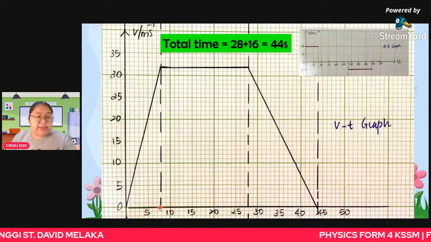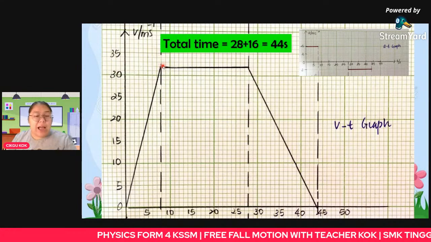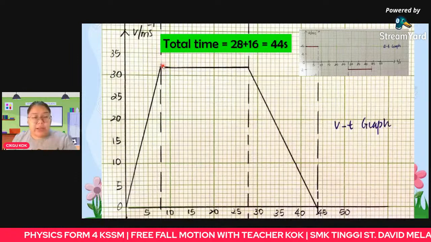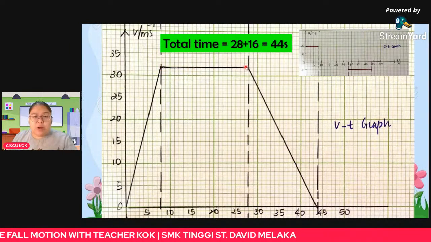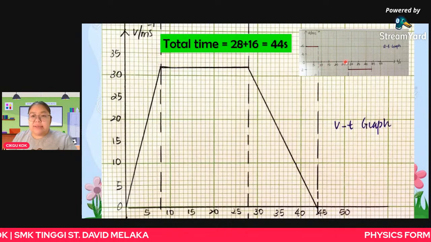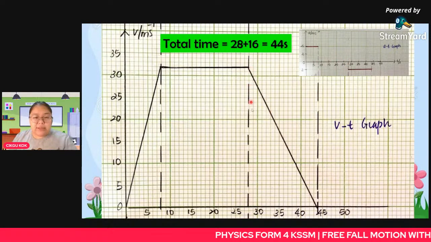This one is 8 seconds. After 8 seconds, the constant velocity, how long? Until 28. So from 32 constant, you draw the flat one. Constant velocity means zero acceleration. So acceleration becomes zero, nothing here. Until 28 seconds, so I draw until 28.